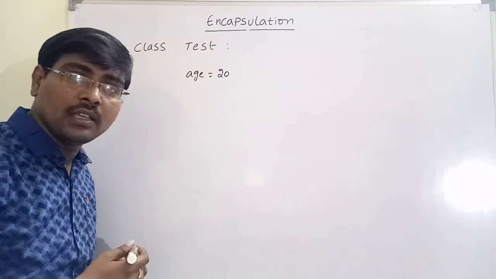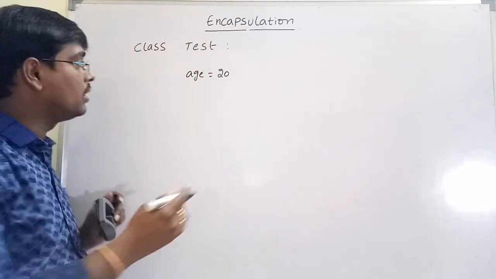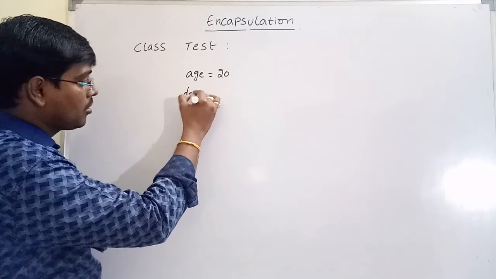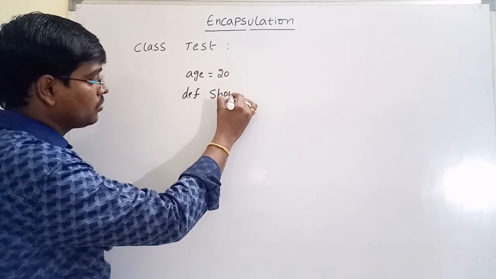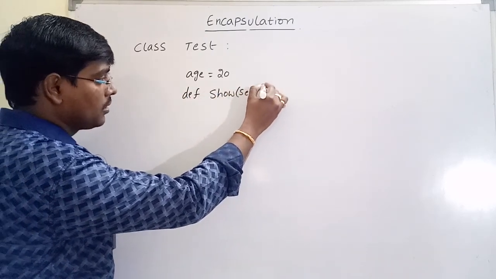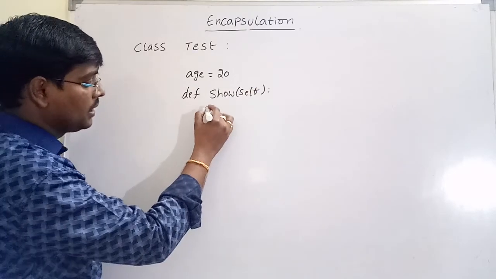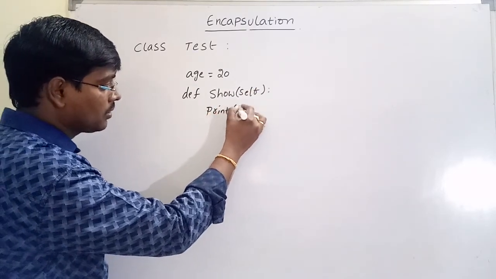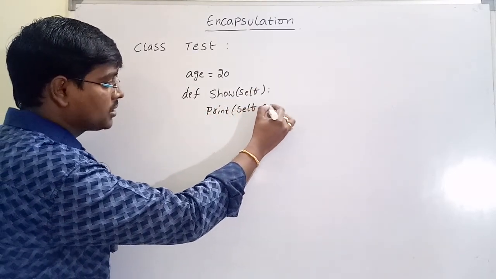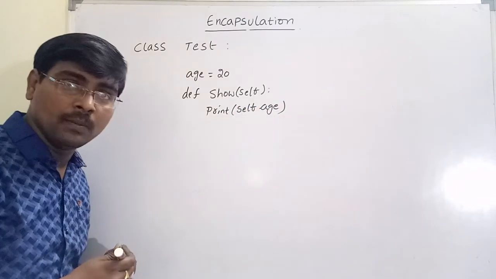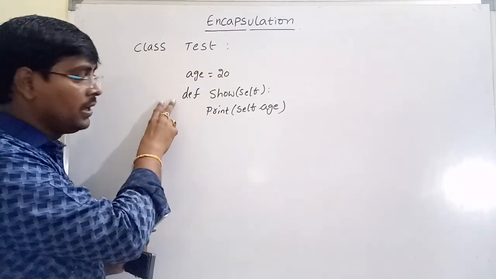I am defining a variable age with a value 20 and a method def show of self. In the method I am printing the value, print of self dot age. A simple program which contains one variable and one method.